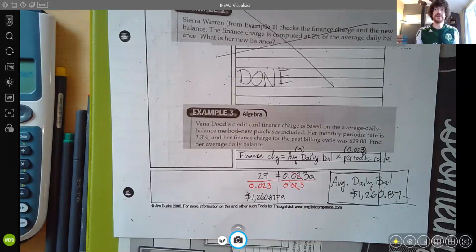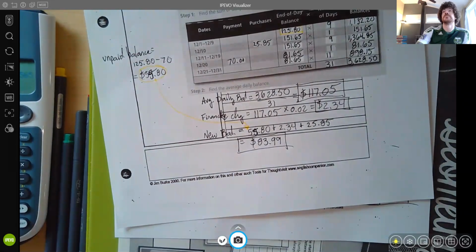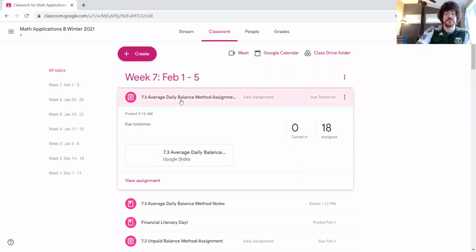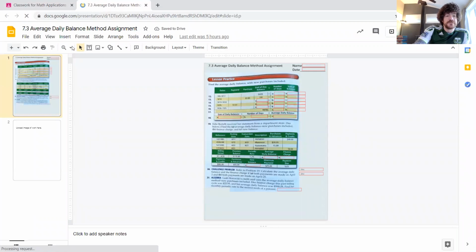So let's go ahead and have a quick look at the assignment, and then we'll call it a day. These problems look very, very similar to what we just did.